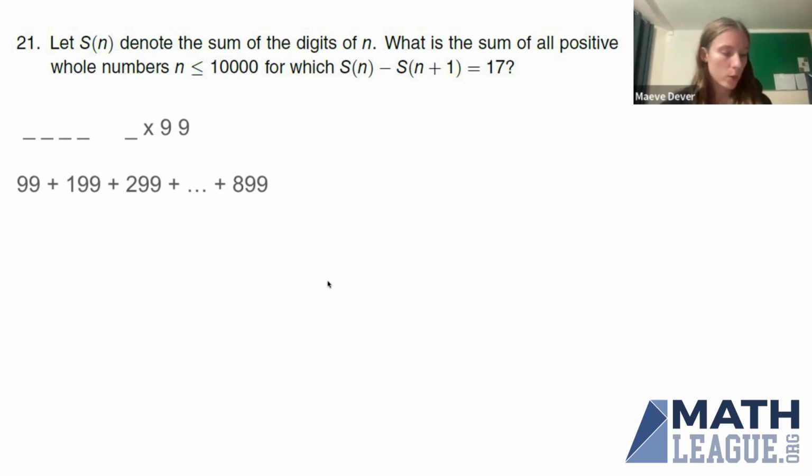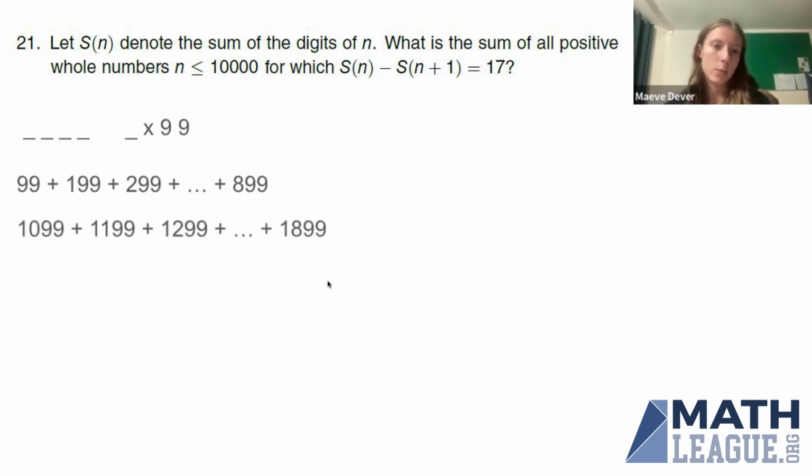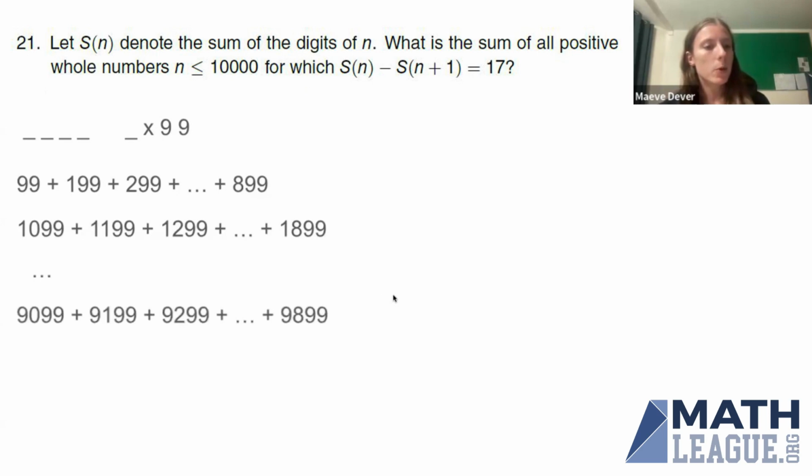Or the first digit could be a 1, which means it is 1099, 1199, all the way up to 1899, but not 1999 because that ends in 3 9s, not 2 9s. Okay, we keep going all the way up to the ones that start with 9s. Our biggest one is 9,899.